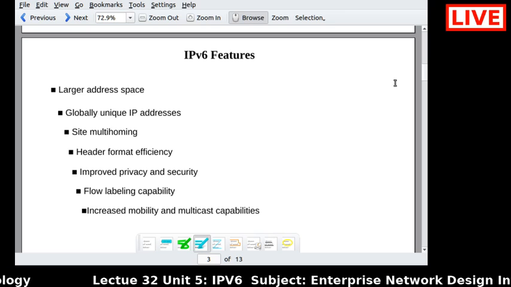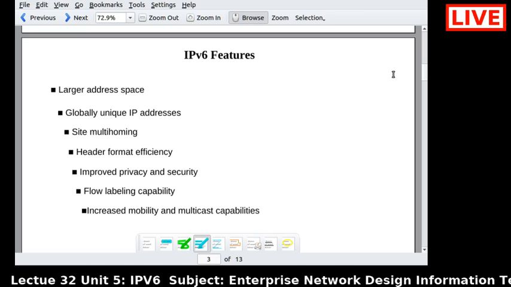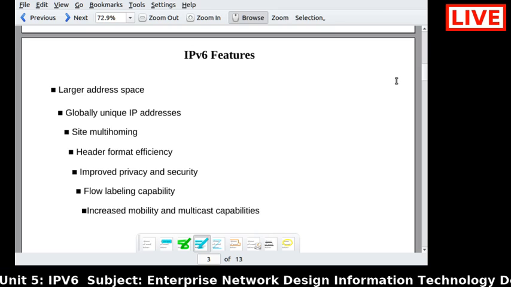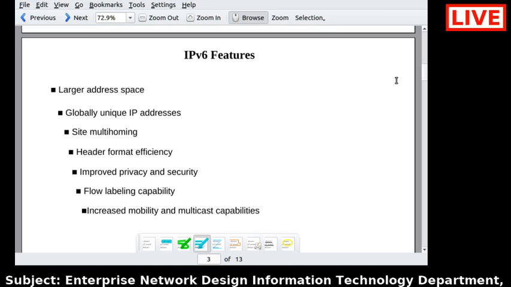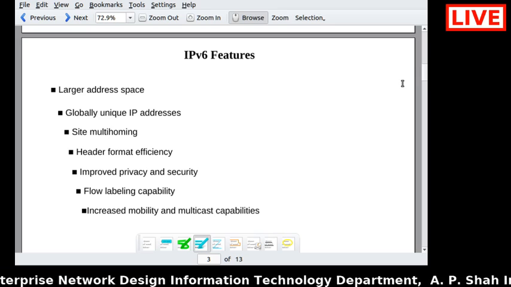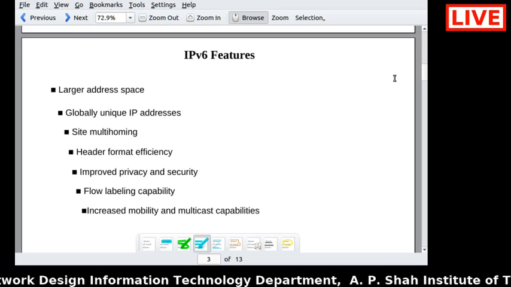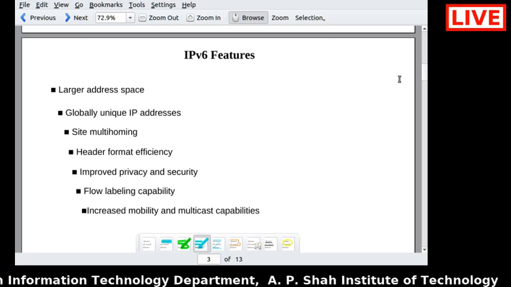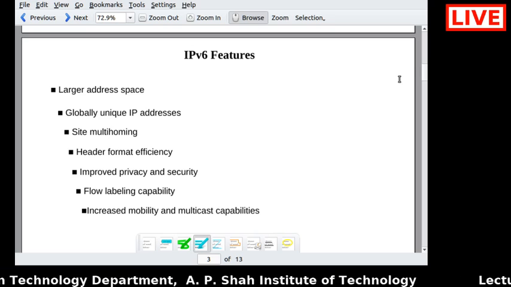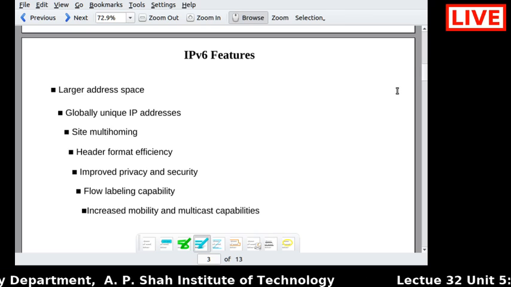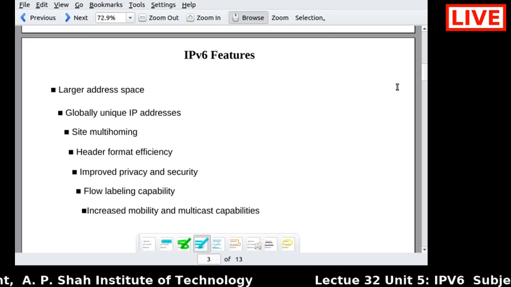Because obviously it will improve your mobility, or your campus designing, right? So this IPv6 combines expanded addressing with a more efficient and feature-rich header to meet all these demands, right?